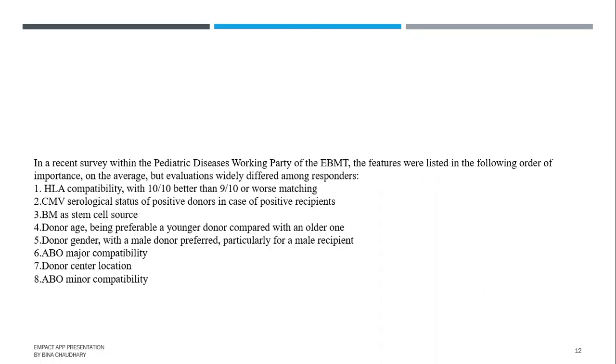Bone marrow as a stem cell source is very good, in our setting and in other settings too. A younger donor is preferable compared with an older one, and donor gender, with a male donor preferred, particularly for a male recipient, with no mismatched gender. ABO major compatibility is also very important, as are the donor center location and ABO minor compatibility, which also impact the transplantation outcome.